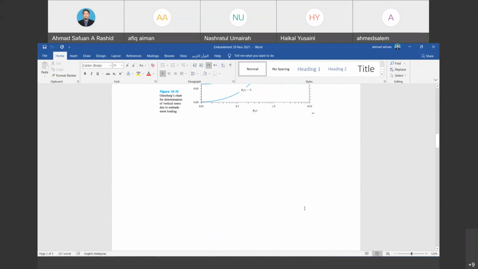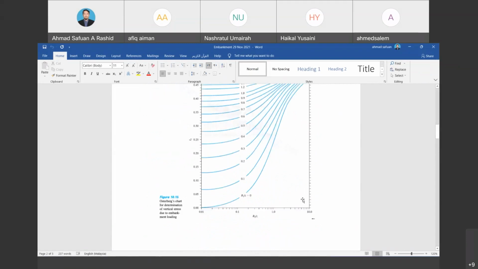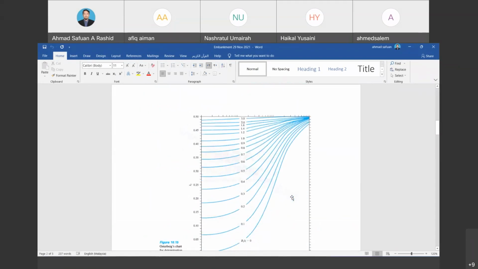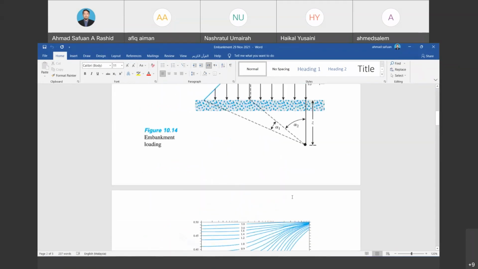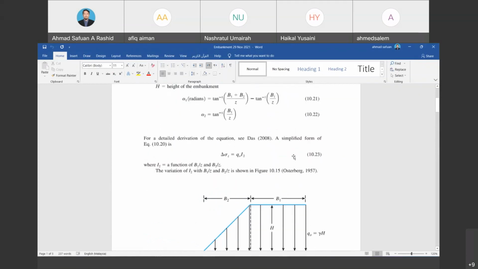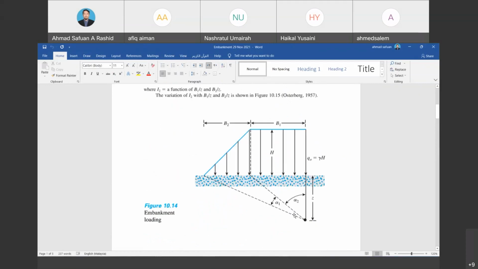Using this equation 10.20, we can easily get the increment of stress at the center of the embankment.